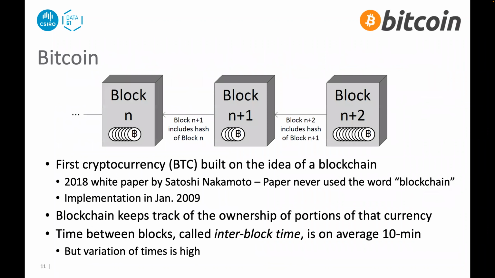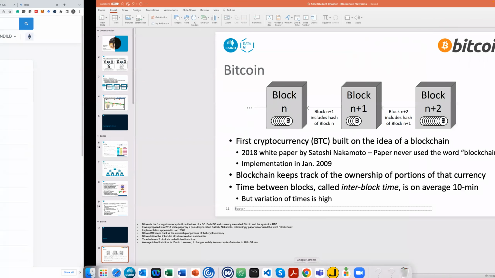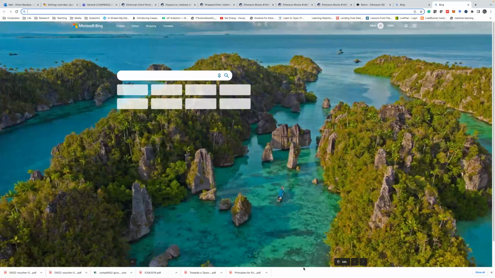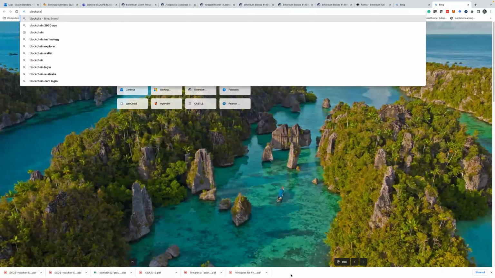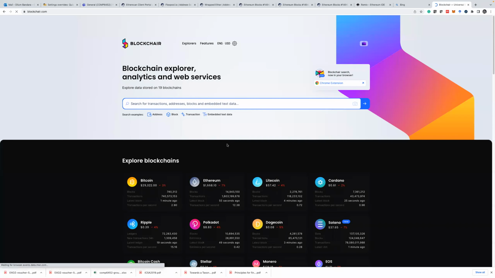Okay, so if we talk about Bitcoin, I'll go to one site that gives you access to about 15, 16 blockchains.